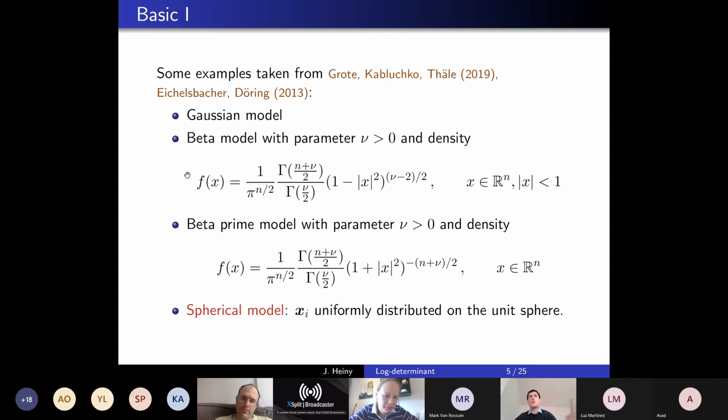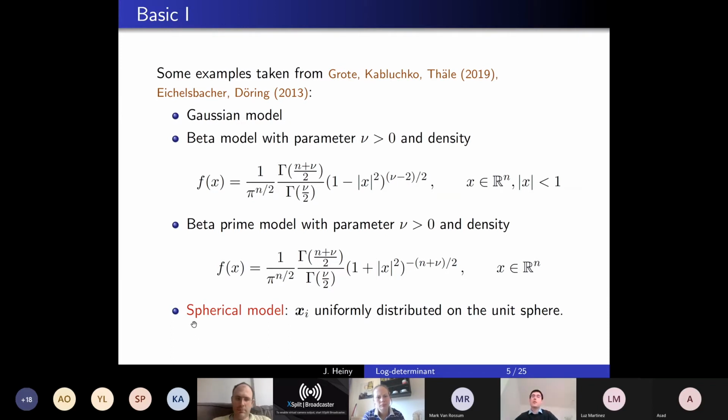I just put the formulas for this density here to not get confused with the usual beta distribution that I will need later on. Then I will consider this beta prime model with some parameter, which is given by this, which has this density. So in both these cases, the vectors xi follow this distribution.